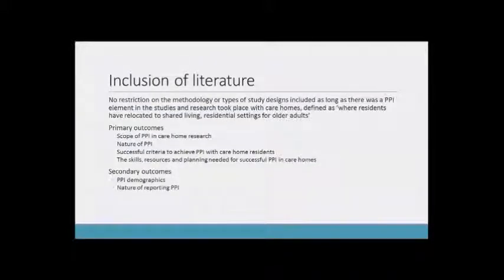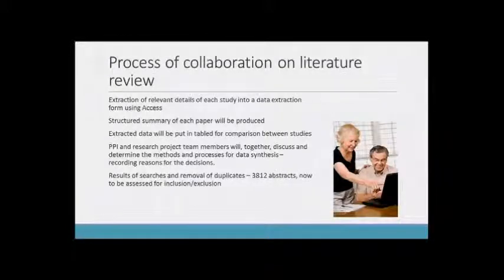But this is the literature that we're aiming to include, where there's something said about the PPI, and we're taking that as one of our primary outcomes, although it might not be the primary outcome of each of the pieces of work that we're looking at.